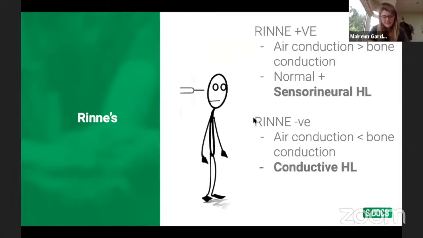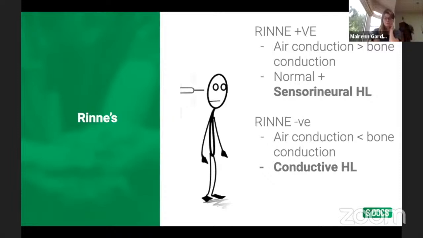With Rinne's test, you start by placing the vibrating tuning fork on the mastoid process, so behind the pinna. The way you can remember this is the saying: Rinne under the pinna. So you put the tuning fork under the pinna.